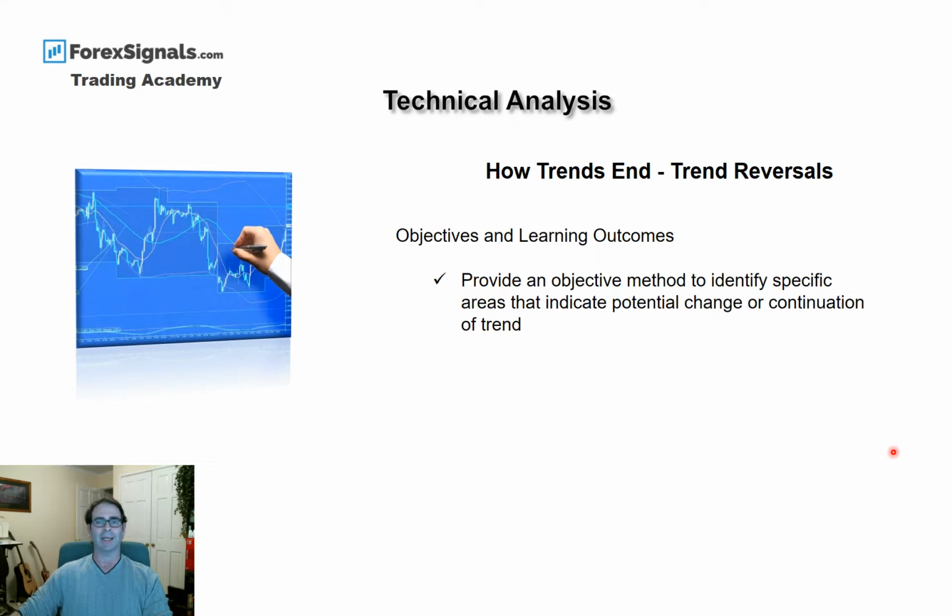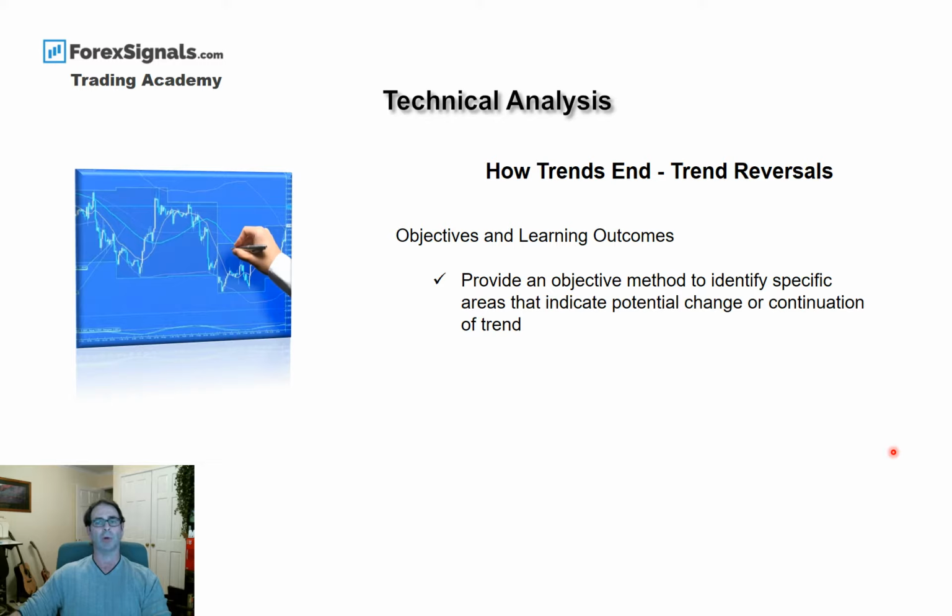And in regards to trend reversals, we looked at our objectives and our learning outcomes. So what we looked at doing was provide an objective method to identify specific areas that indicate potential change or continuation of trend. So the change of trend was our anchors, of course. We also looked at the Dow theory definition of trend change.